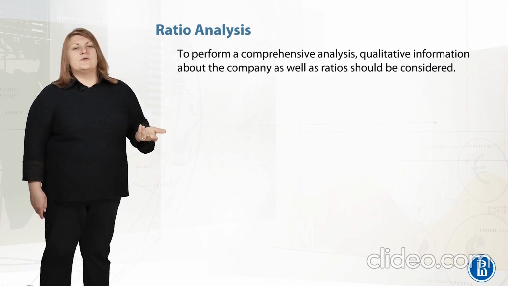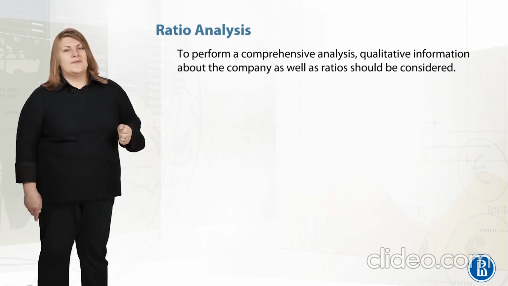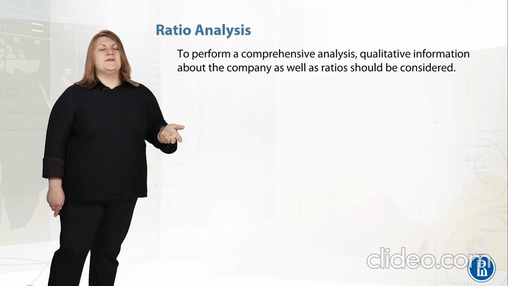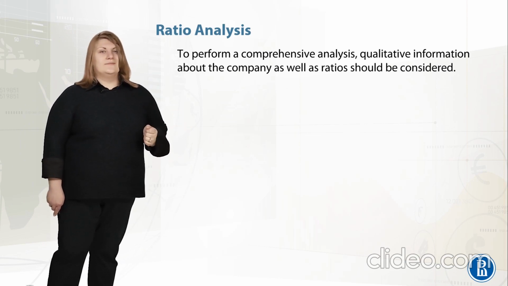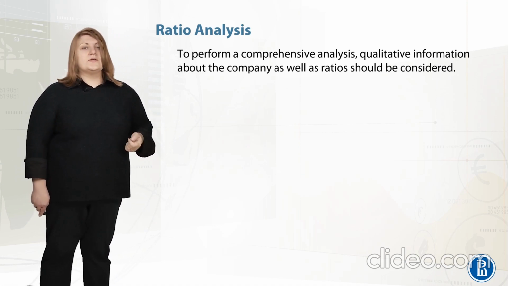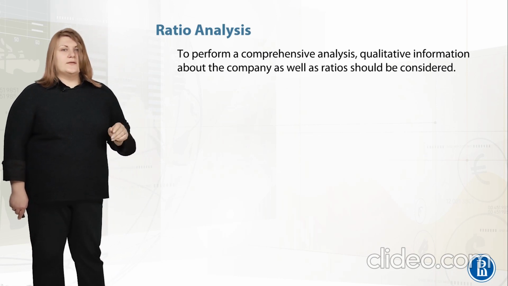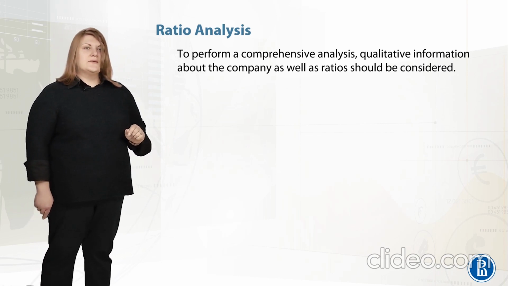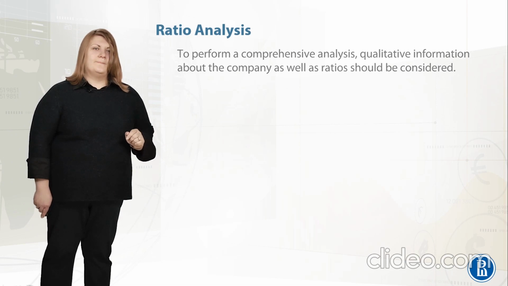Now, how to determine how well one company is doing relative to another? Or how to identify whether key indicators are changing? We will compare ratios to the average industry ratios. To determine trends in the company's performance, ratios are often compared to past years' ratios of the same company.